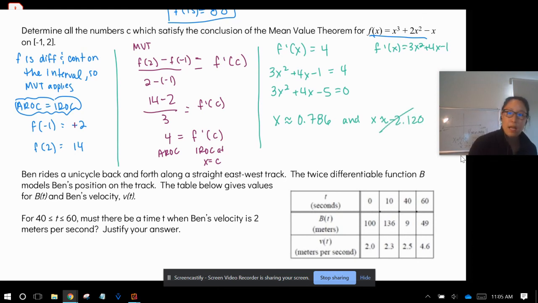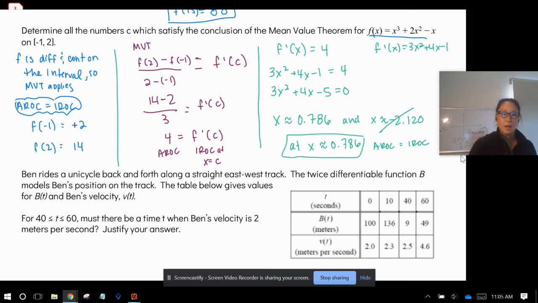And then the negative value is not in the interval. So I know that at x about equal to 0.786, the average rate of change is equal to the instantaneous rate of change.